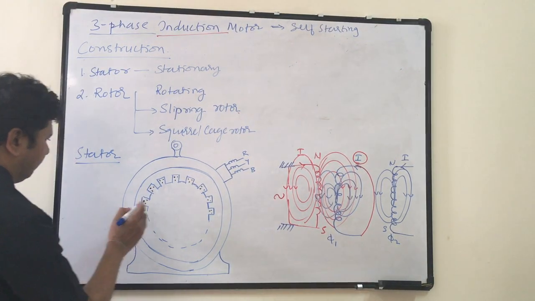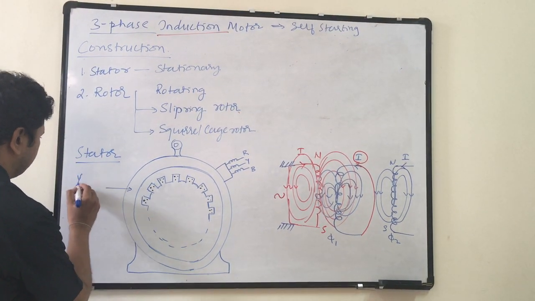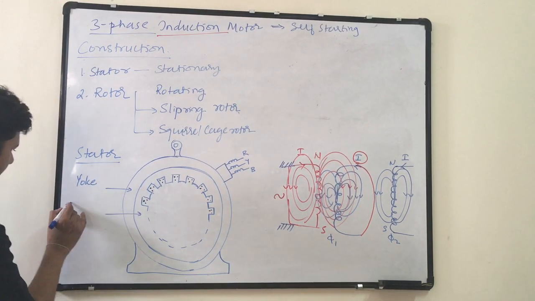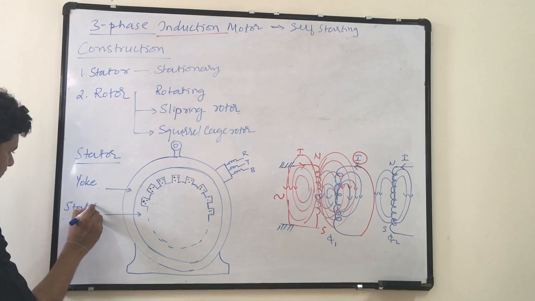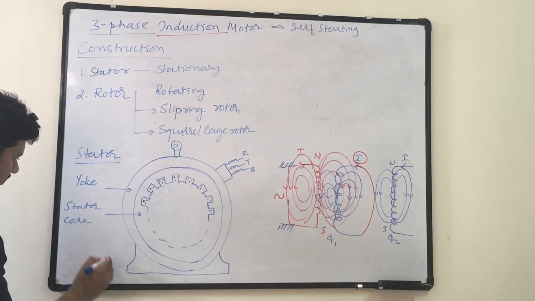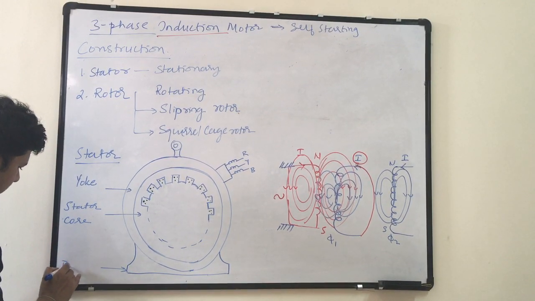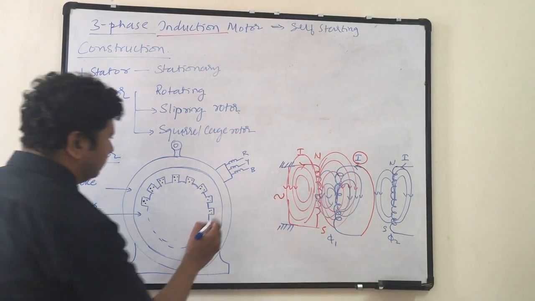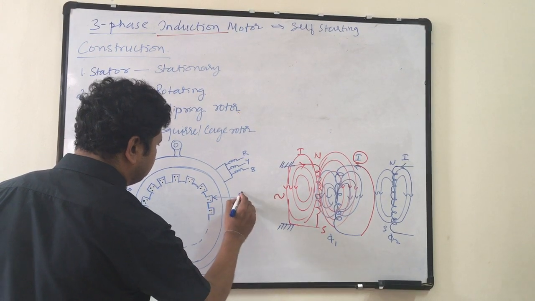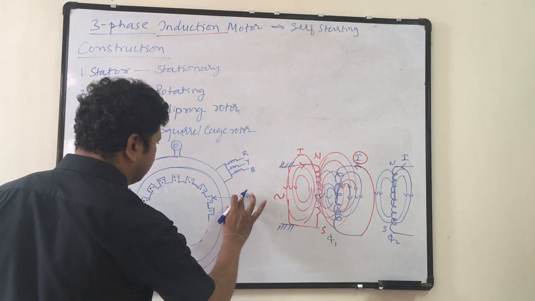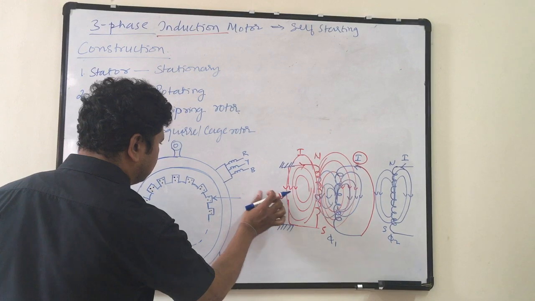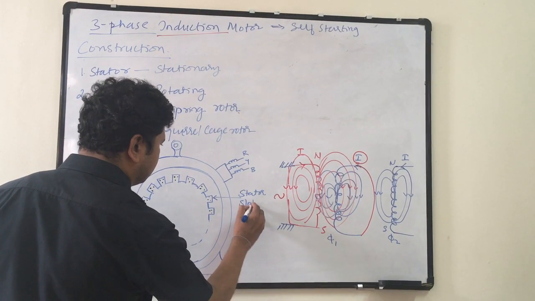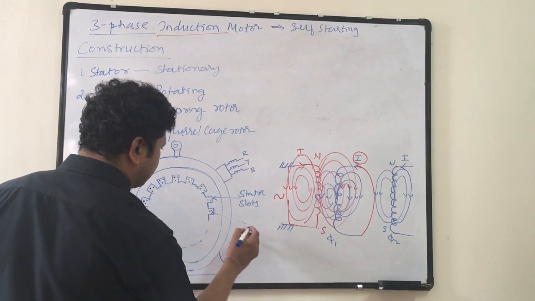So this is the yoke. This is the stator core. This is the base plate. This is the stator slot. Stator winding.